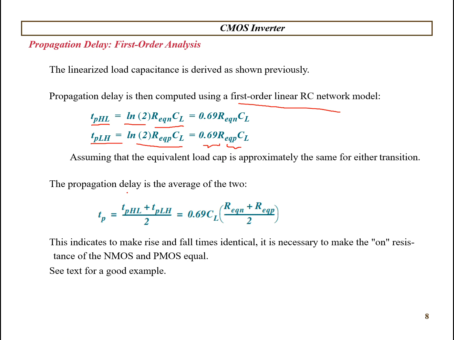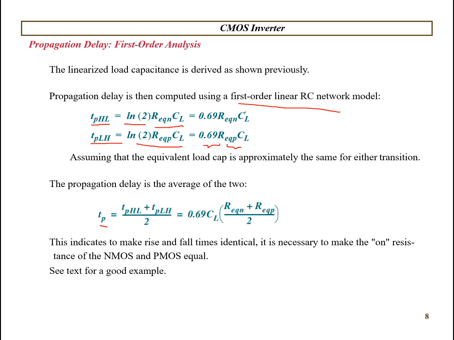The propagation delay is generally defined as the average of the two propagation delays, high to low and low to high. That is why the equation is rewritten as tp equal to (tpHL + tpLH) divided by 2.